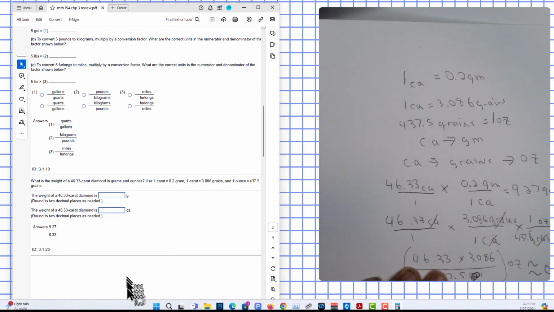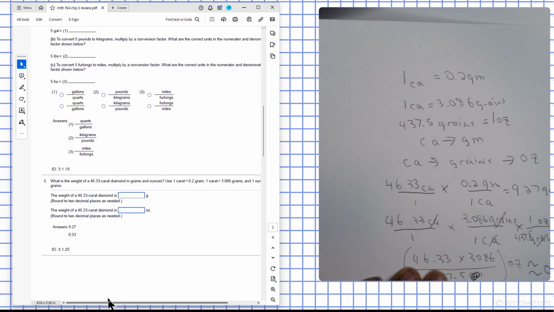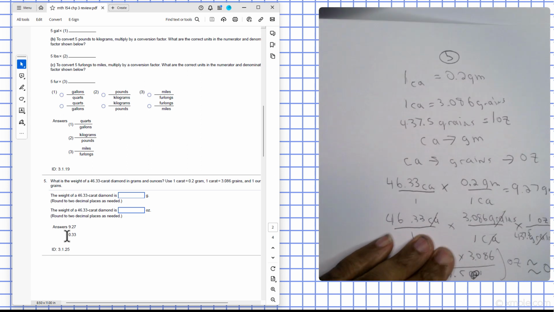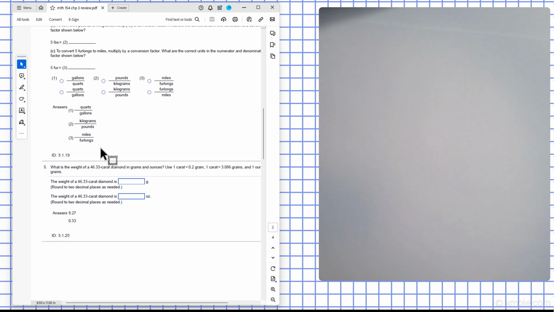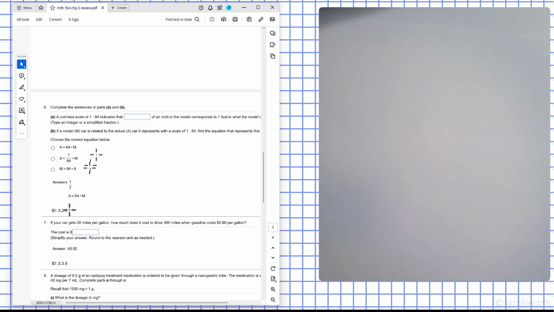And this was number 5. This one here. Okay.